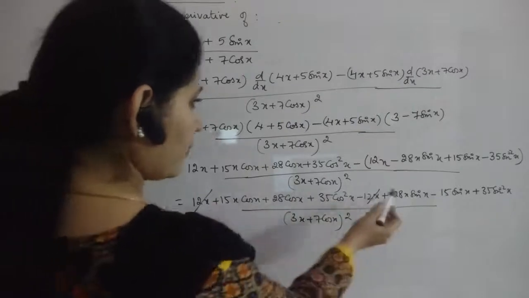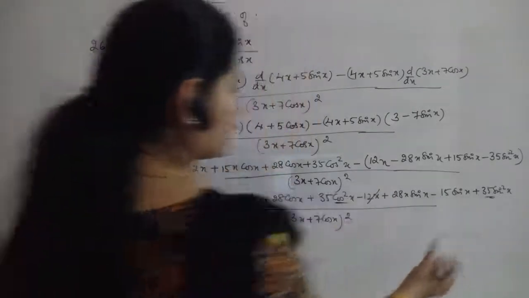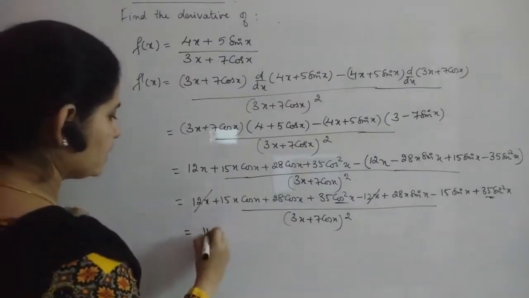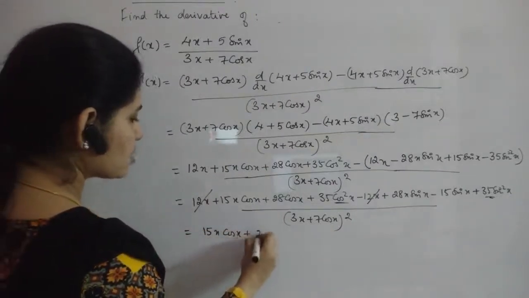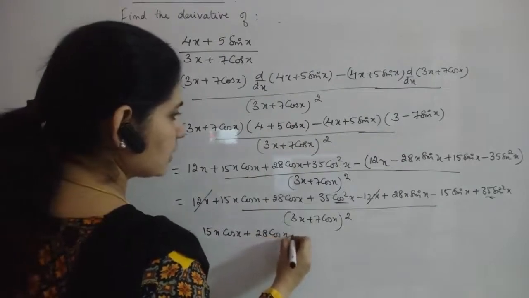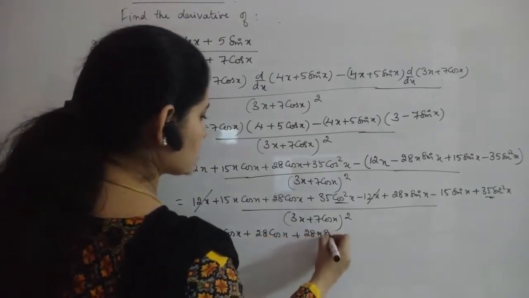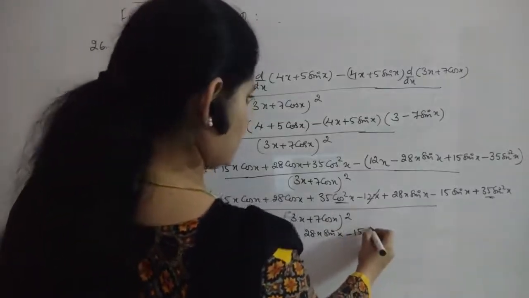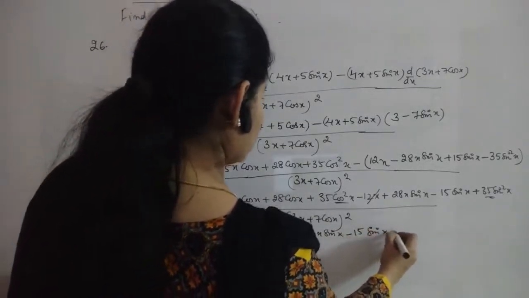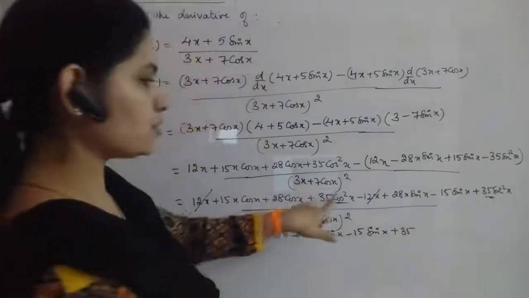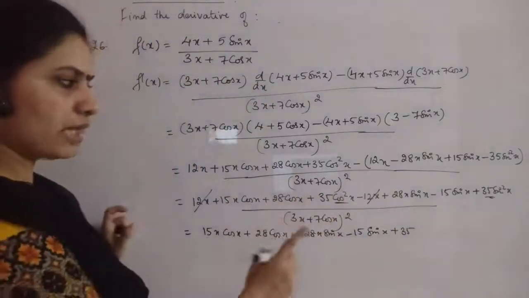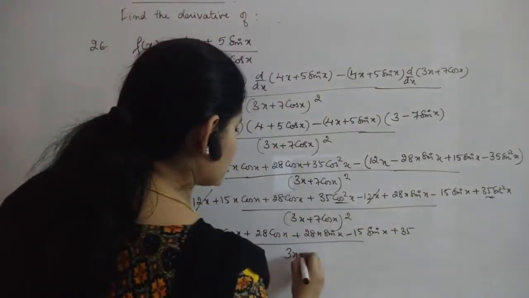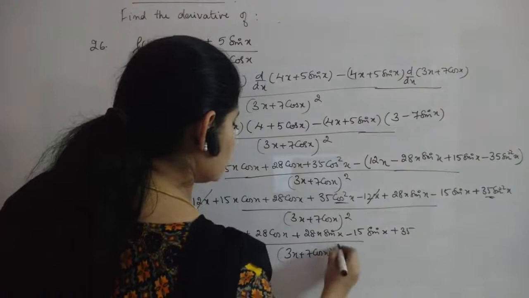Okay, no. Now you have this option, that is taking 35 out, and sin square plus cos square will give you 1. So 15x cos x plus 28 cos x plus 28x sin x minus 15 sin x plus 35 into cos square x plus sin square x, which will become 1. So you will have only 35 here, divided by 3x plus 7 cos x the whole square.